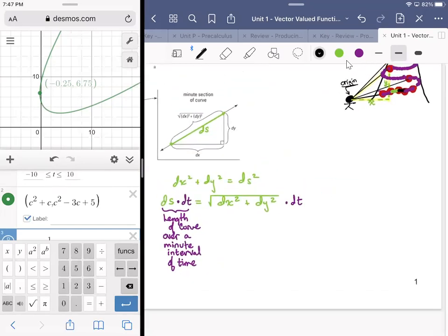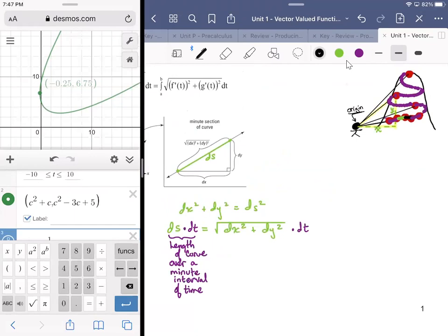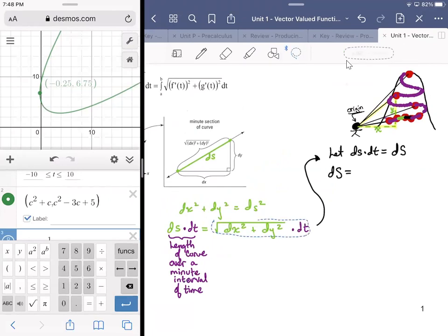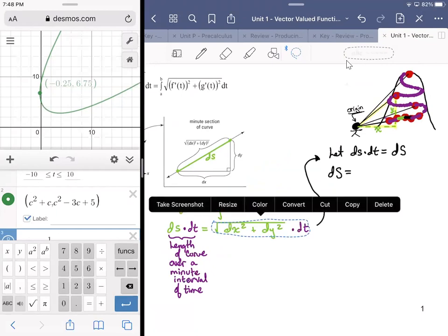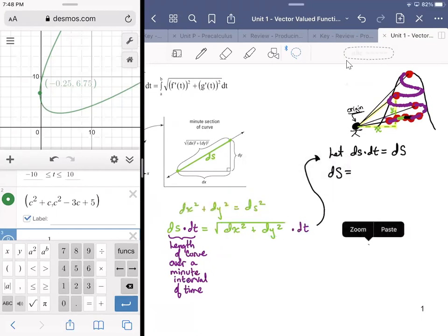And then once we have that, I can say, for example, let ds times dt be equal to, I'm going to make it a capital S, right? And so that's going to be equal to my right-hand side. I can get rid of the multiplication symbol because eventually we're going to have an integral out of this.